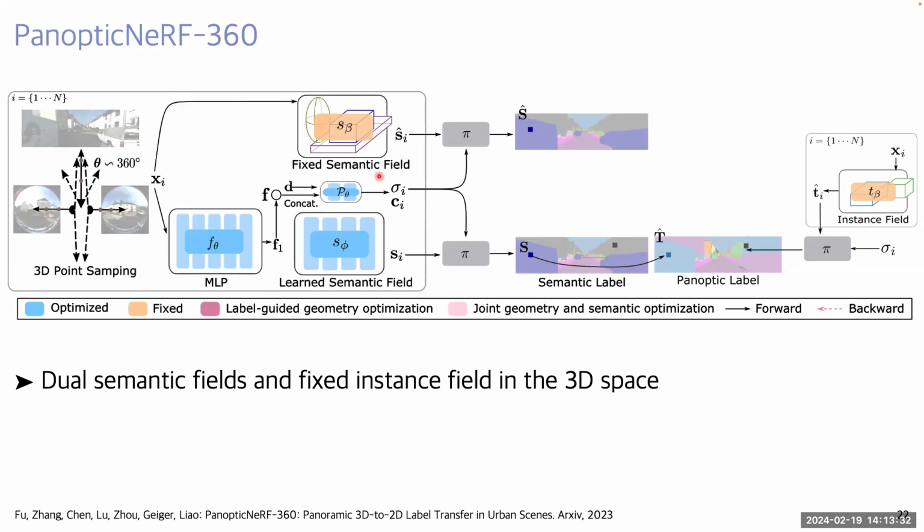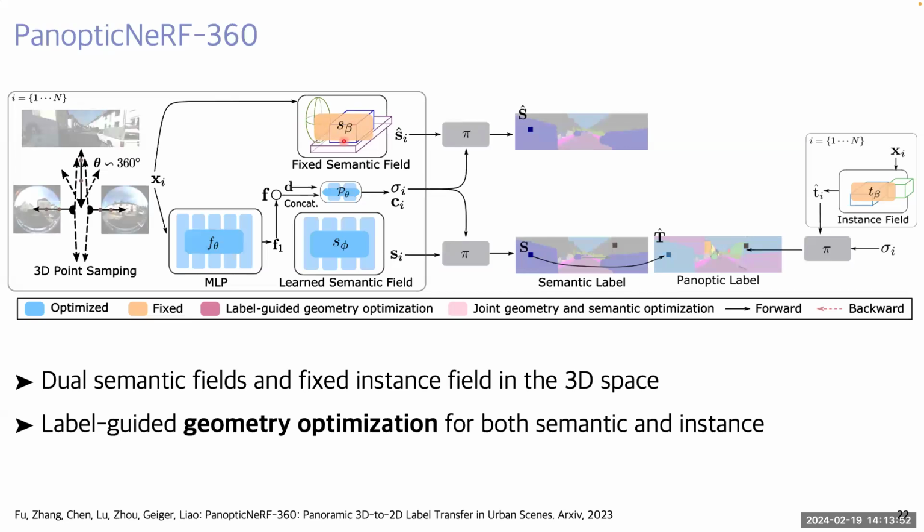One of them is the 3D bounding annotations that we have. And the other is a neural network that is learned similar to Semantic NeRF. So the key design difference compared to Semantic NeRF is introducing this additional fixed semantic field. And why do we need this in the framework?